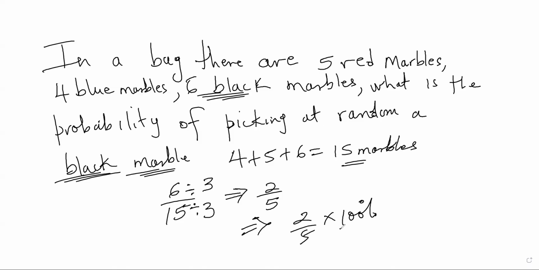And I said 5 into 100 goes 20 times, so cancel the 5 with 20. And since the multiplication sign is there, you multiply across. And your answer will be 40%.